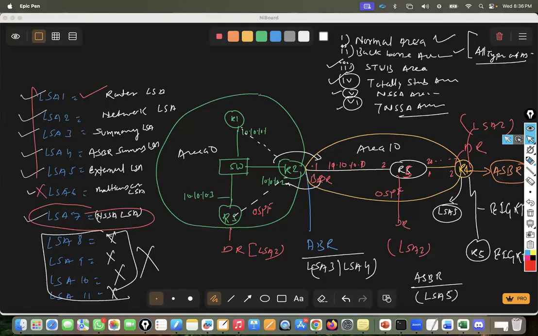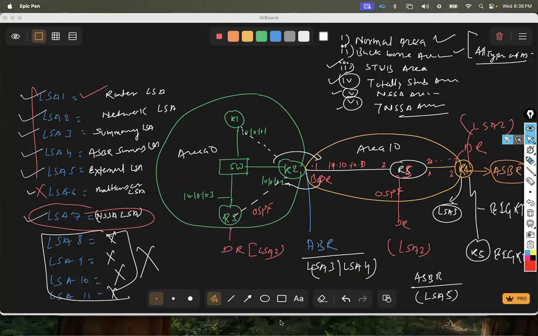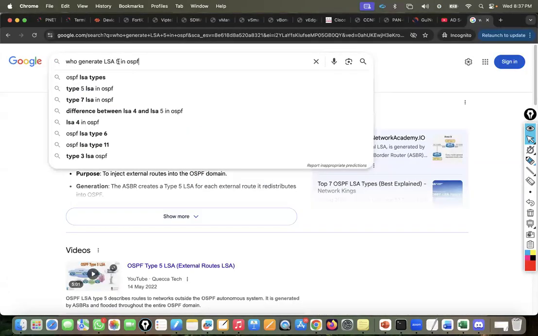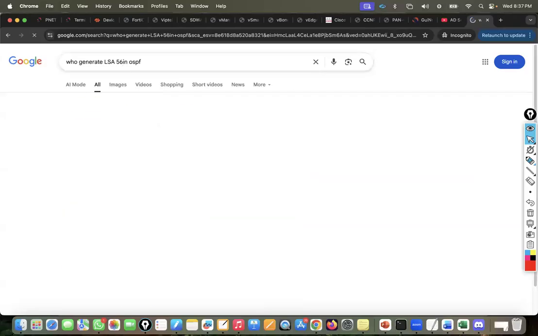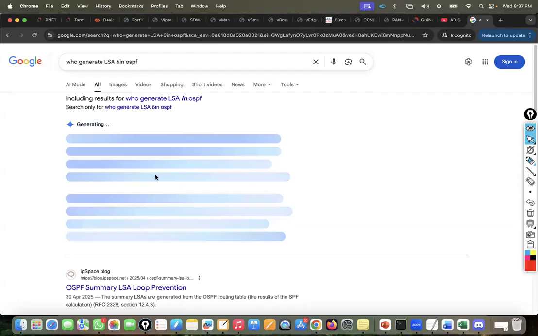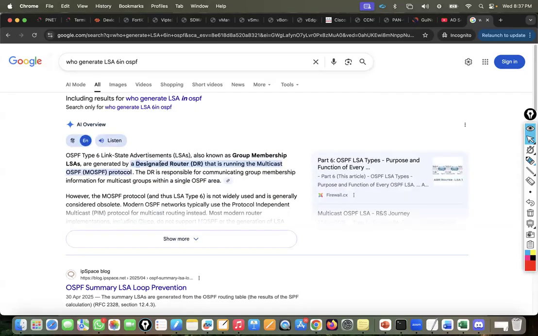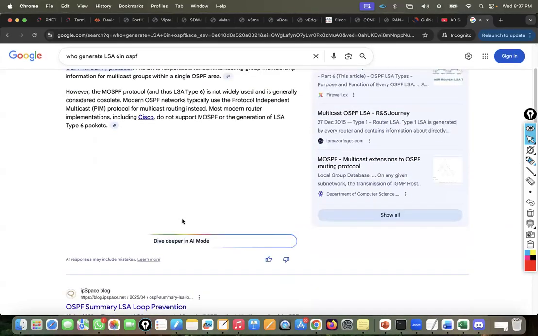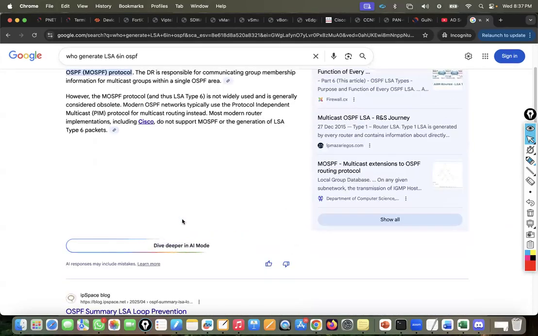If you have a multicast network with PIM sparse mode or dense mode configured, you get LSA 6, known as the group membership LSA, generated by the designated router running multicast OSPF.